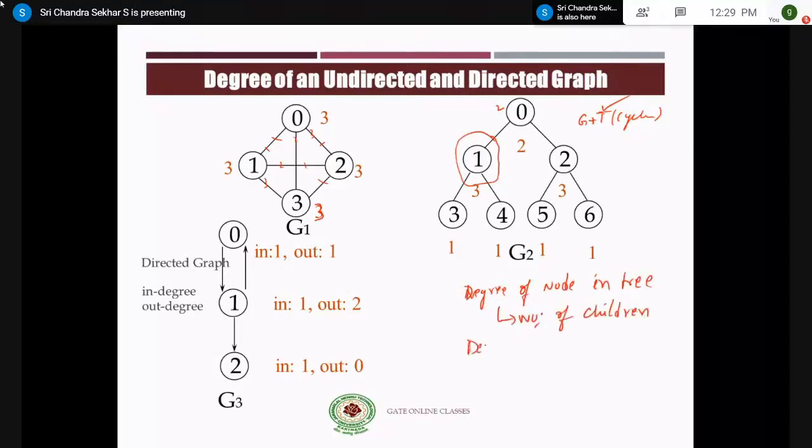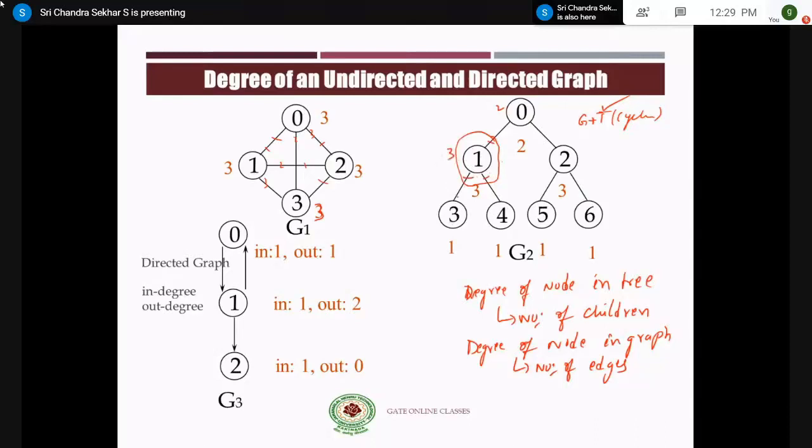But the degree of a node in a graph is equal to the number of edges. Here you can see that at 1 we have 2 children, that is this one and this one, and another edge is there. Therefore, the degree is 3.